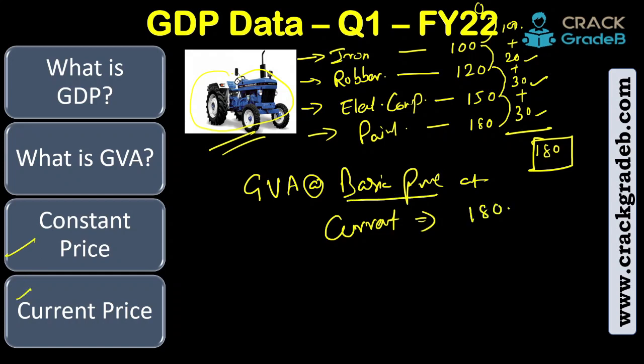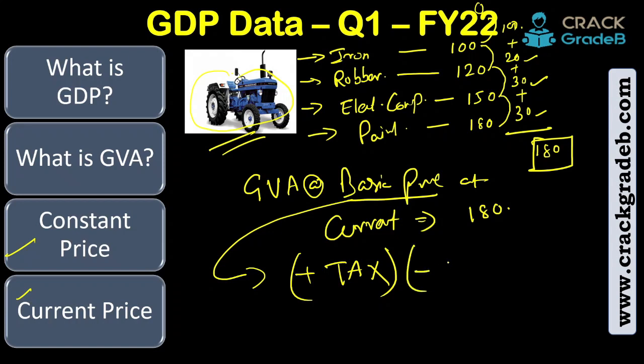Now see, a term is added: at basic price. Now what is basic price? How to remove this basic price? To remove this basic price, you add tax. So government is applying some tax, road tax, GST. So you add the tax and then you subtract the subsidy.